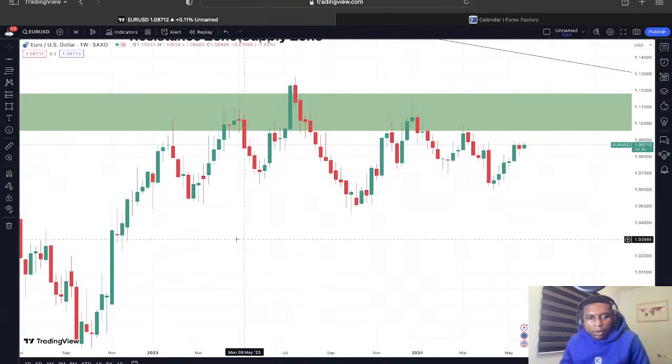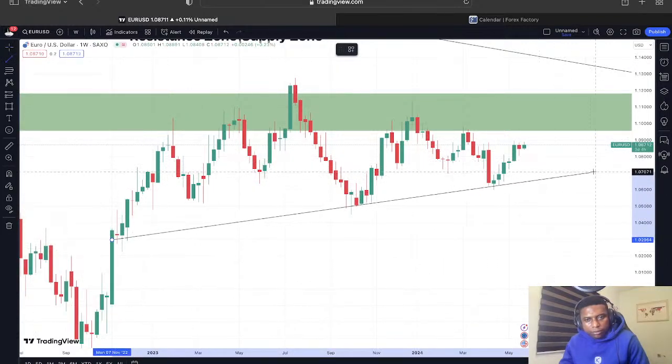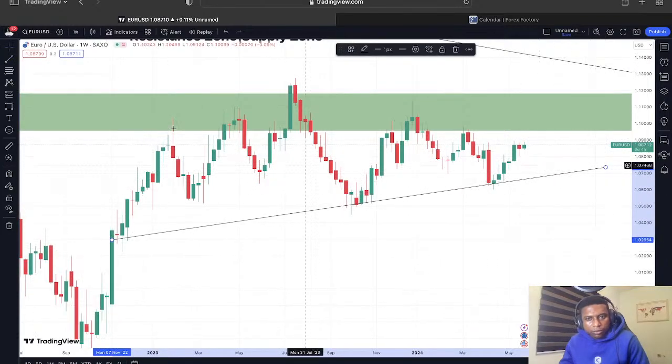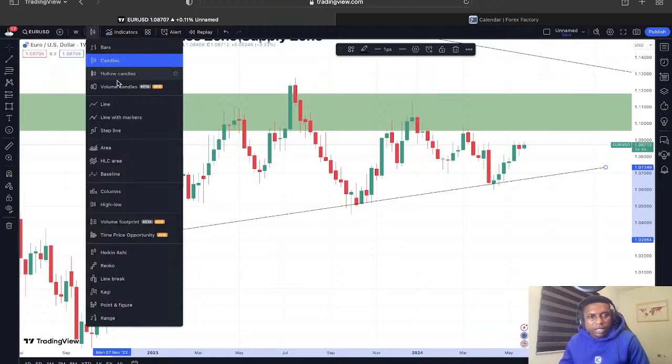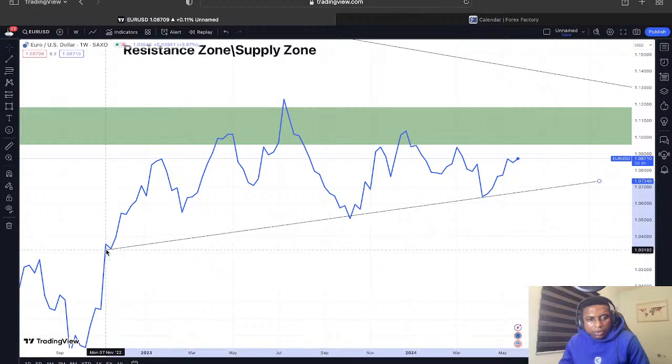So now when we look at this level here, let's make this a line chart so we can see exactly where the lines cut across.